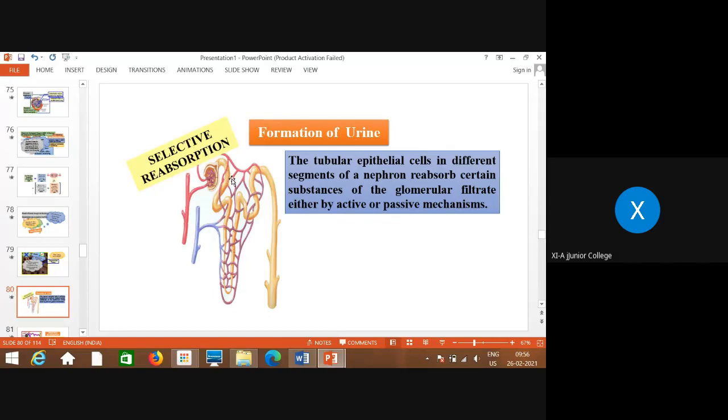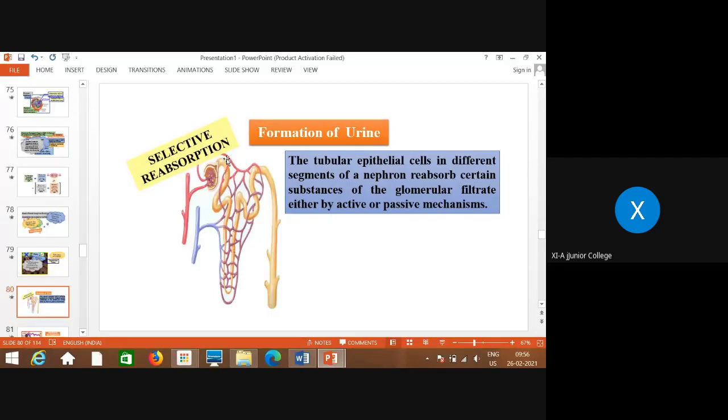In this region the PCT is highly coiled, and because of this highly coiled nature, the flow of the filtrate becomes very slow.